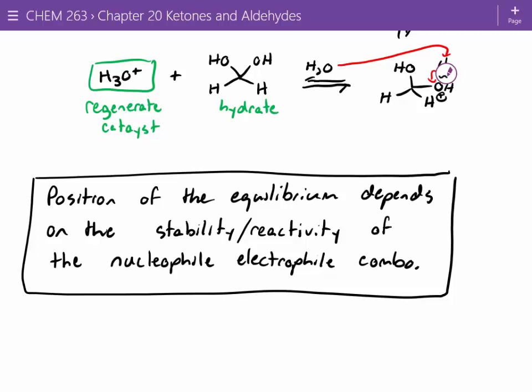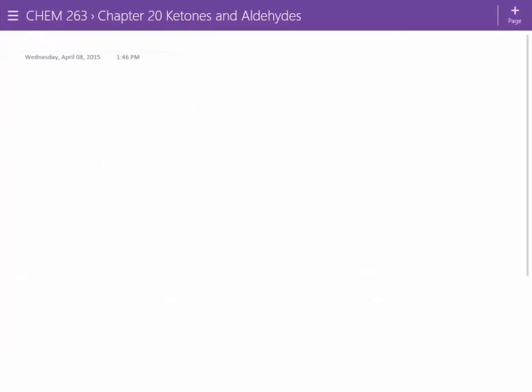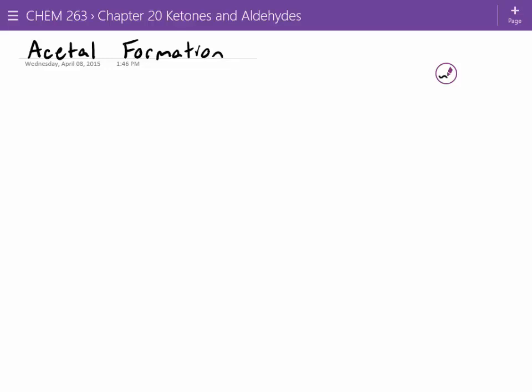All right, now let's get into the example where we saw the reaction between an electrophile and an alcohol. So let's do acetal formation. So the overall reaction for acetal formation, actually let me change this to just acetone.